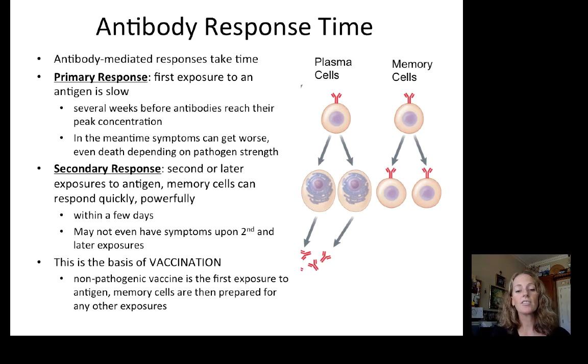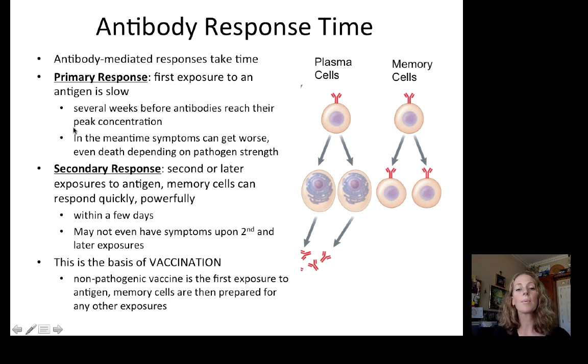The non-pathogenic vaccine then will be the primary exposure to that antigen. It might take weeks after that vaccine to develop immunity, but after that, you will have memory cells. And because that portion of the bacteria or virus cannot make you sick, you created memory cells without getting sick.